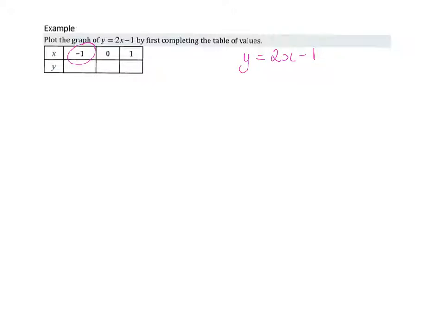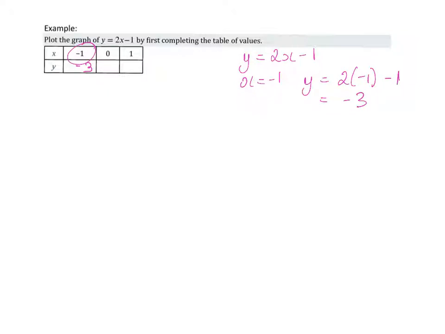So when x is equal to negative 1, I get y equal to 2 times minus 1, take away 1. 2 times minus 1 is minus 2, take away 1 is minus 3. So that's my y value.